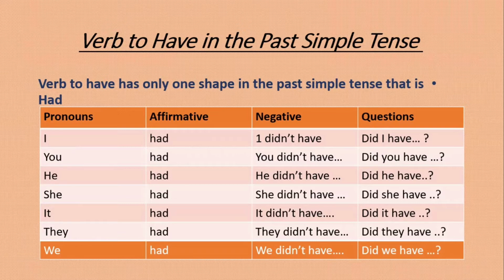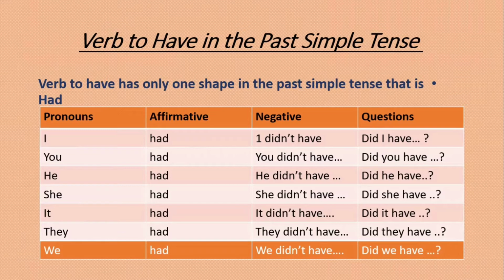We had dinner, we didn't have dinner. So if we change it into a question, let's say, I had a car. Did I have a car? Yes, I did. No, I didn't. They had, for example, a lot of money.